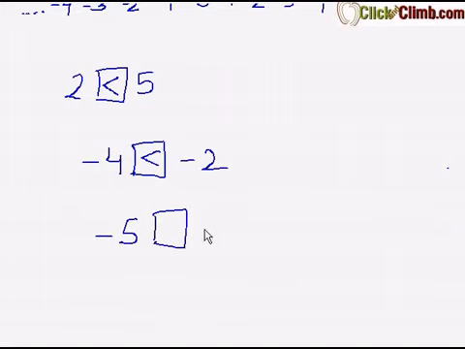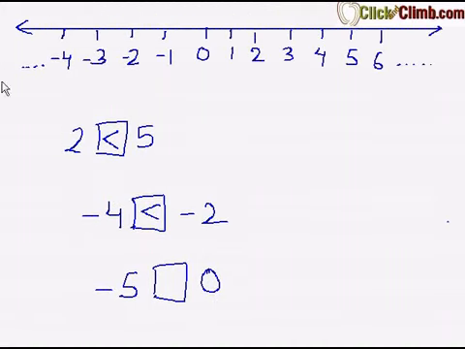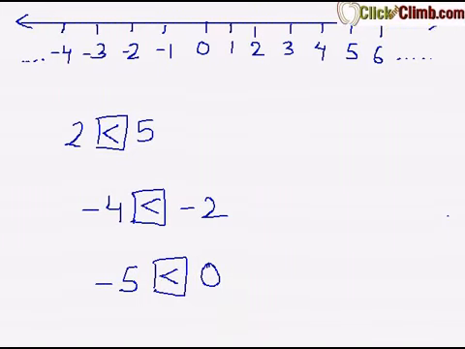If I try to compare -5 with 0, again from the number line I can see that 0 is towards the right of -5. Although I cannot see -5 here, of course there will be a -5 here. So 0 is greater than -5.